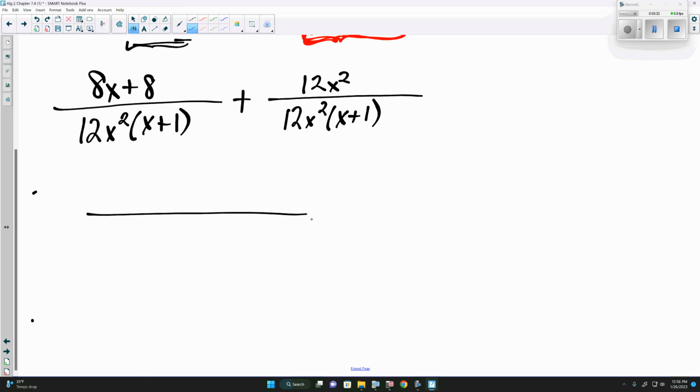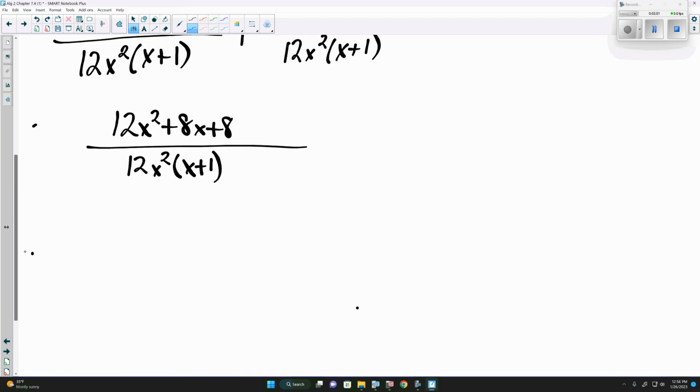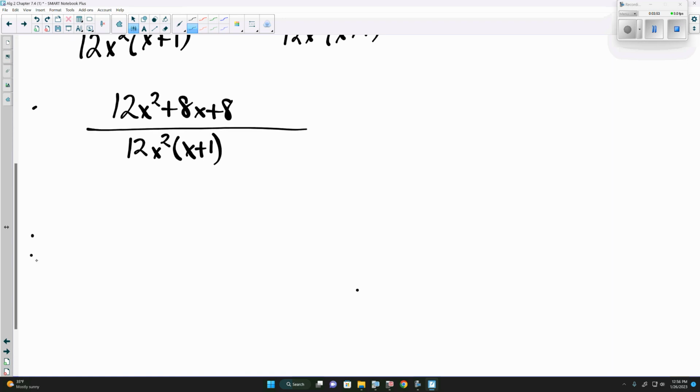Luckily with addition, we don't have signs to take care of. So we're just adding them all together. So 12x squared plus 8x plus 8 over 12x squared times x plus 1. Questions on this here so far? Not too bad.